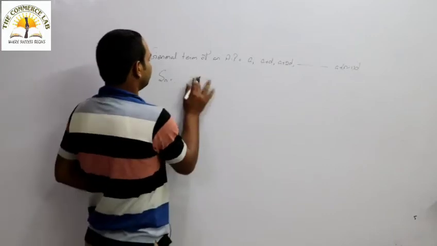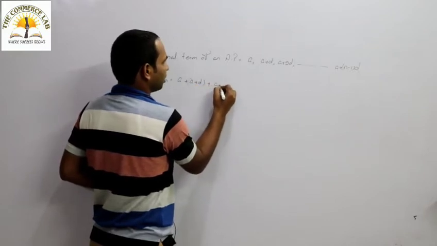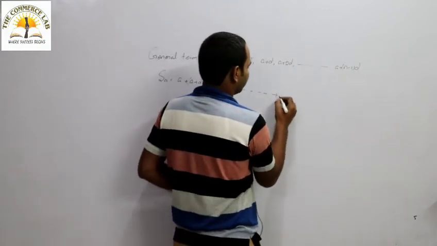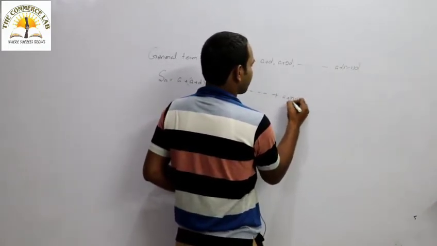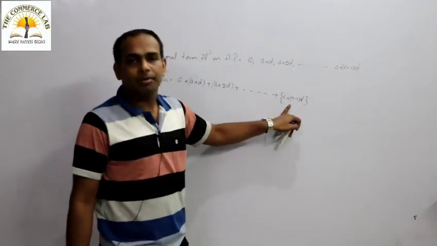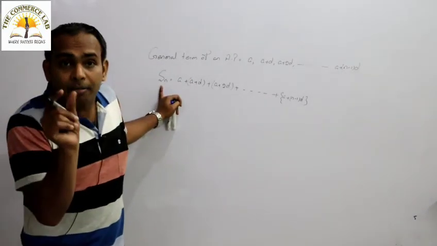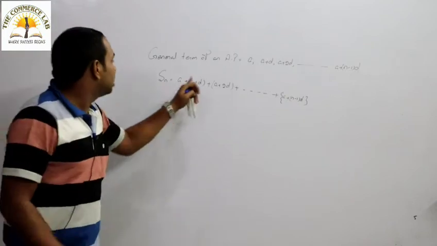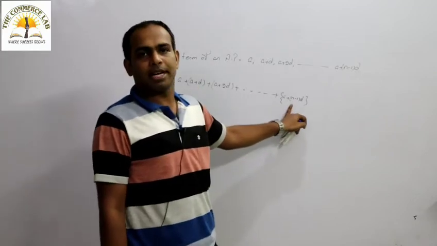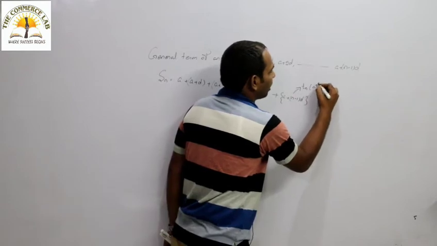So Sn equal to a plus d plus a plus 2d, up to a plus n minus 1 into d, because this one is your Tn or nth term.